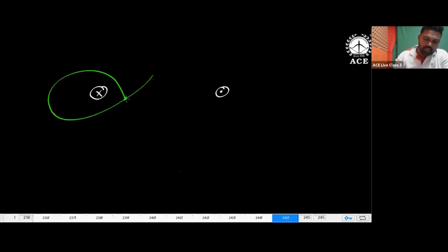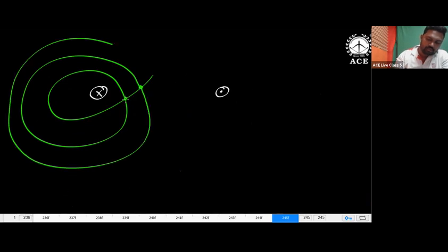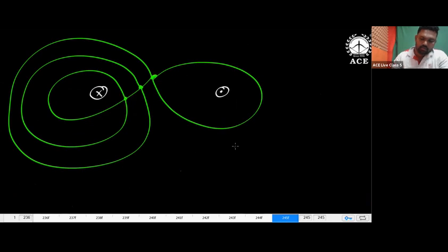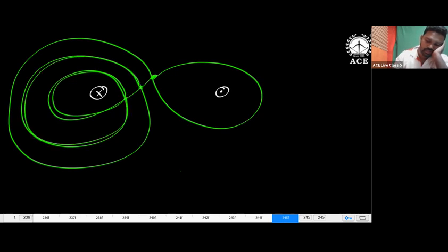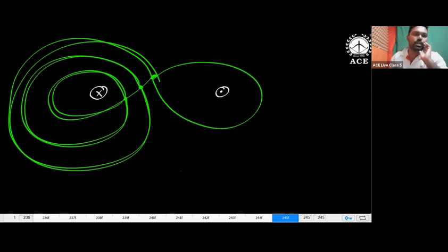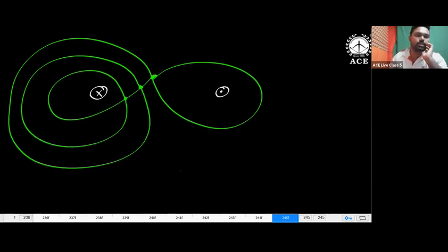If they are touching here, then you need to find out the MMF in this loop separately. In this loop separately. There won't be any MMF in the overall loop. This is not an overall loop.